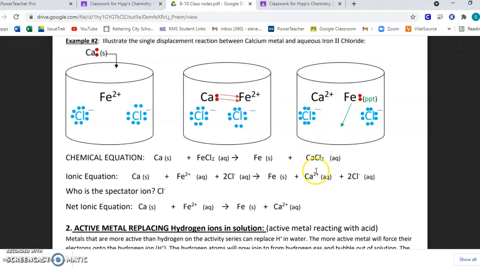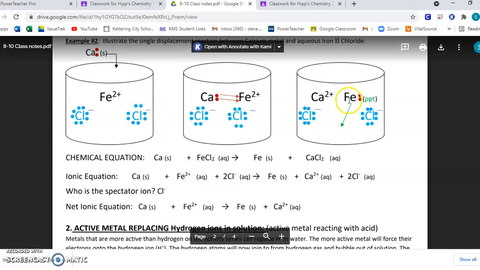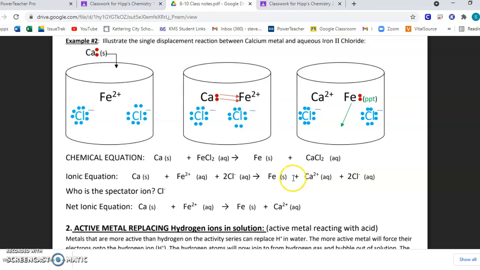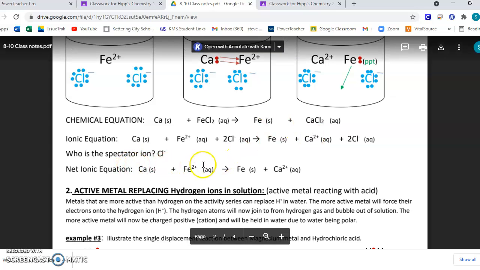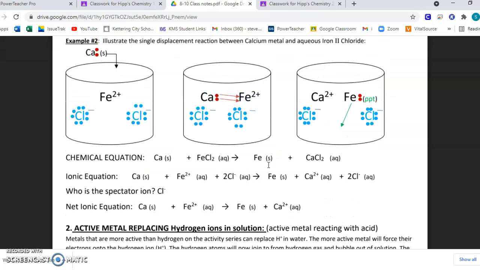It changed. It's not the spectator. Fe started out as 2 plus and it went to neutral and precipitated out of the solution. It changed. The 2 Cl minuses did not change. They're the chloride ion, so we would cross out those. The one that did not change, you can cross out, and that will give you the net ionic equation.